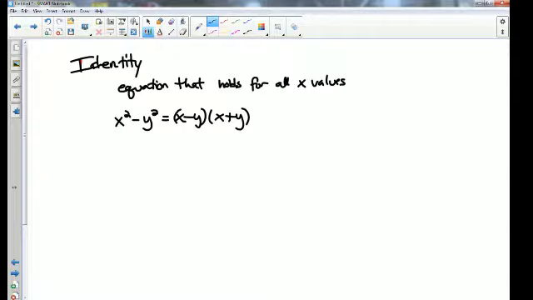So x squared minus 49, how'd you factor that? It's x minus 7 and x plus 7. This is the generalized identity for that. You put an x and a y in, it'll work for any x and y. That's an identity.